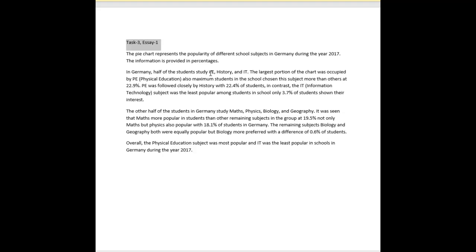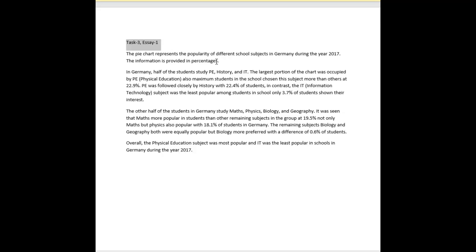So it's wrong to say that half of the students study PE, history, and IT. It should be half of the students surveyed cited a preference, or mentioned a preference, or indicated a preference for PE, history, and IT. All right, that would be accurate.